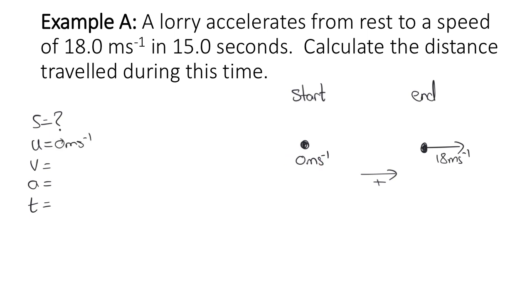We're told the final velocity is 18 meters per second. And we are not told the acceleration, and we're not asked for it, so we can put a cross by the acceleration. And we're told that the time is 15.0 seconds.